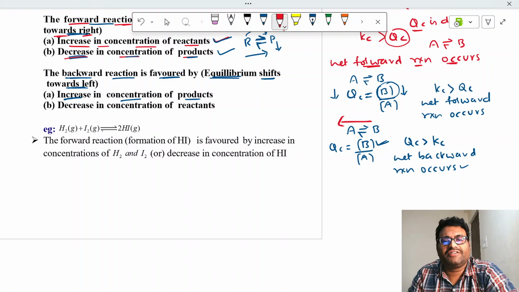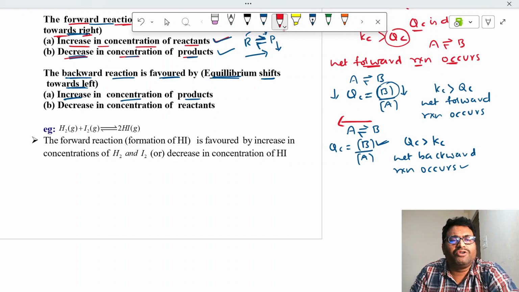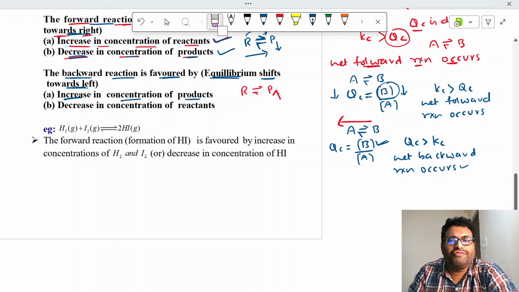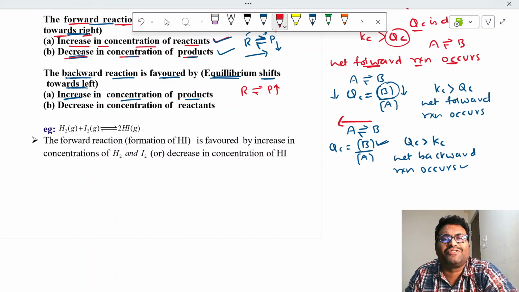Are you getting this? Simply, how to understand: reactant gives rise to product. You are increasing product. If you are increasing product, the increased product has to get reduced. That is what Le Chatelier's principle says here. If you bring a change, that change must be made zero.